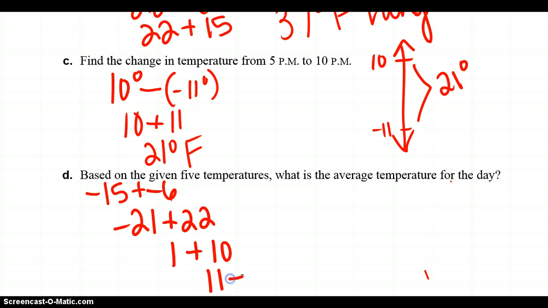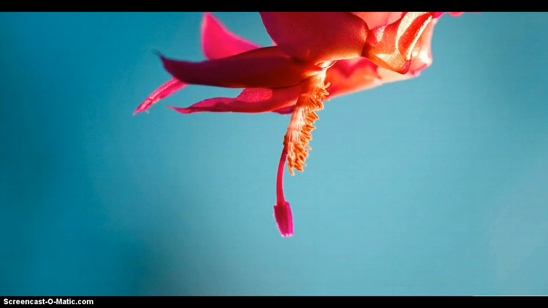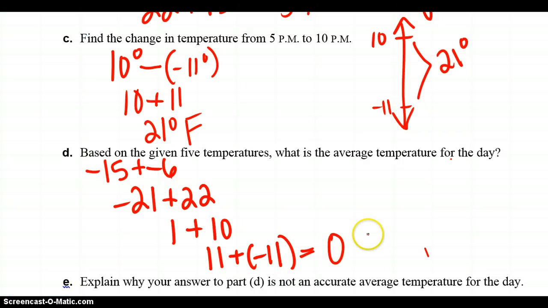And then I add a negative 11 because that was the temperature at 10 p.m. So adding them all up gives me 0. And I know I took the temperature 5 different times. So 0 divided by 5 gives me my average, and my average is 0. It looks kind of funky, but if you did it correctly, your average should be 0.